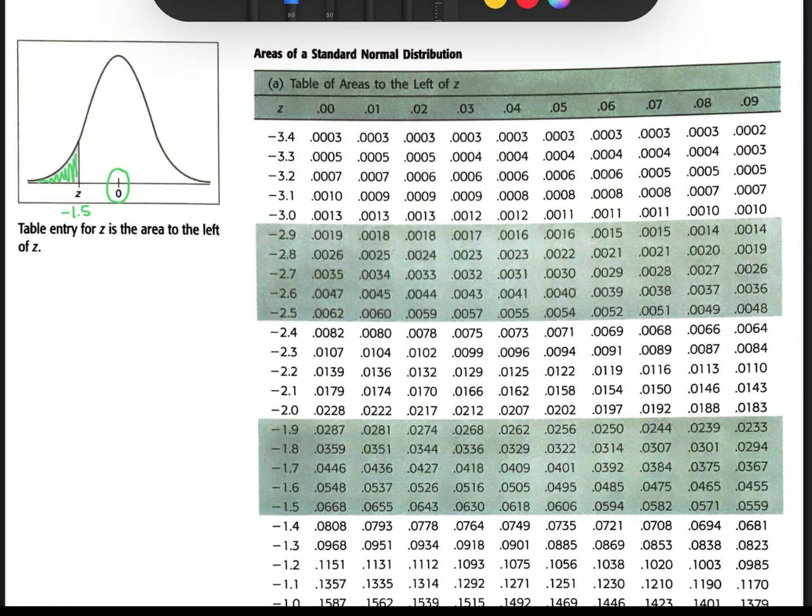So we go down to negative 1.5, and we're looking at the negative 1.50 column, right? I said 2 decimal places. And so this is the probability that we're looking for: 0.0668.